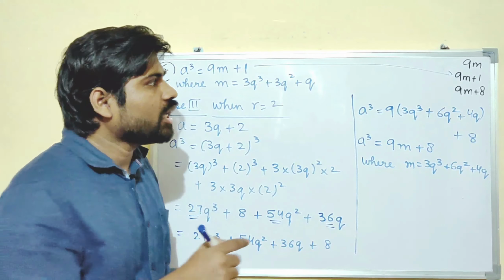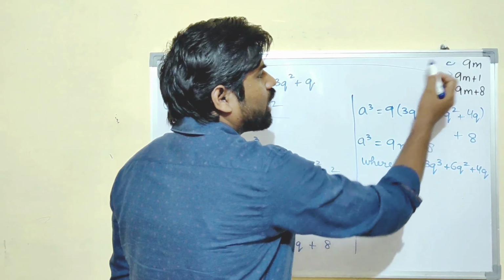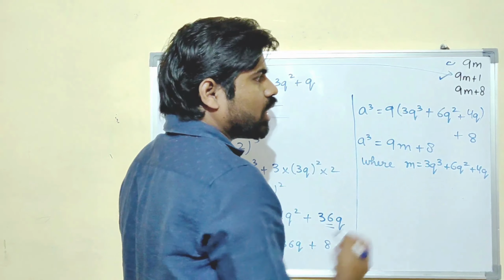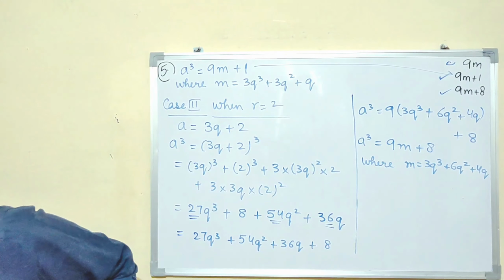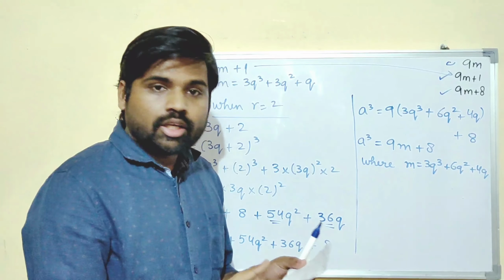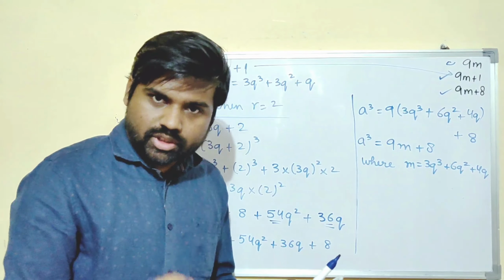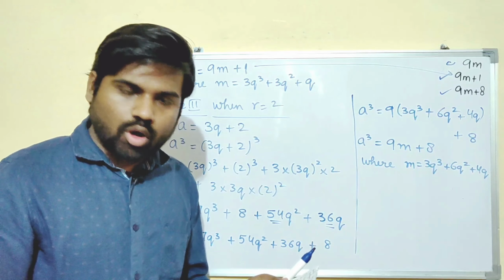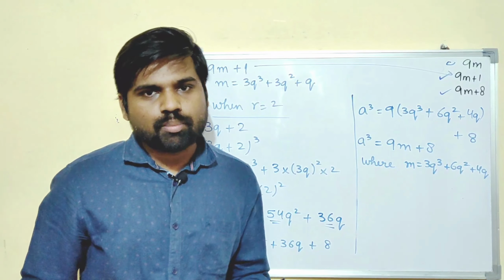So you saw that the cube of any positive integer can be of the form 9m or 9m plus 1 or 9m plus 8. Now how will we conclude? We'll conclude it from the question. You have to write in the end like this: the cube of any positive integer is of the form 9m, 9m plus 1 or 9m plus 8.